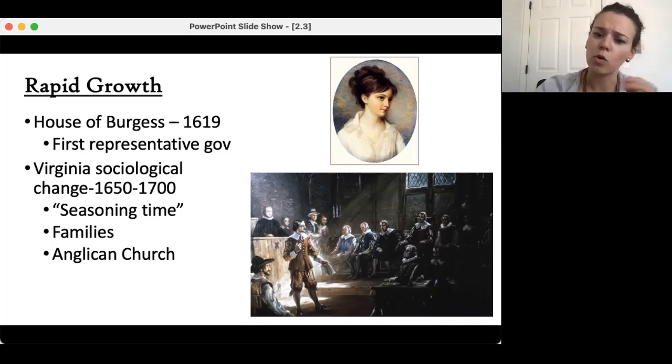As families claim more and more land, they start to consolidate that land into plantations, right? You have William Byrd of Westover, who was the second richest man in England. But in Virginia, you have 42 different plantation owners who rule Virginia, who have so much land, right?